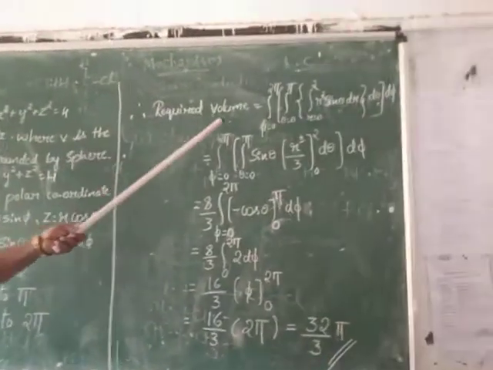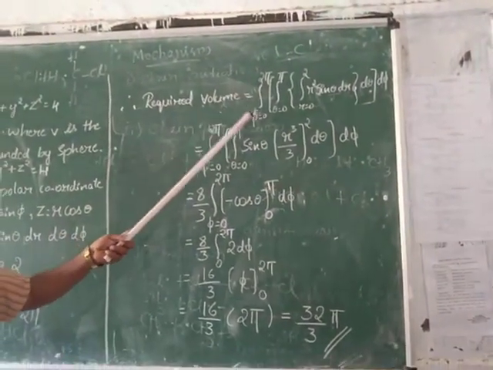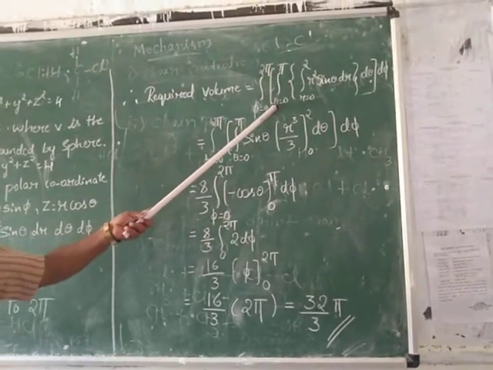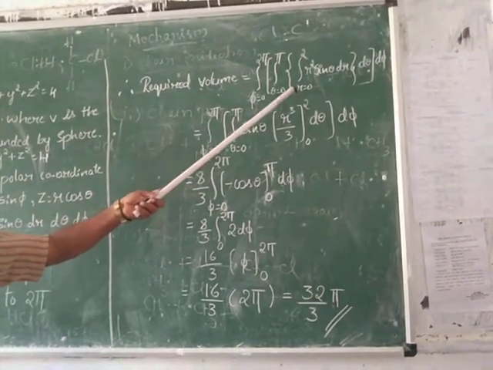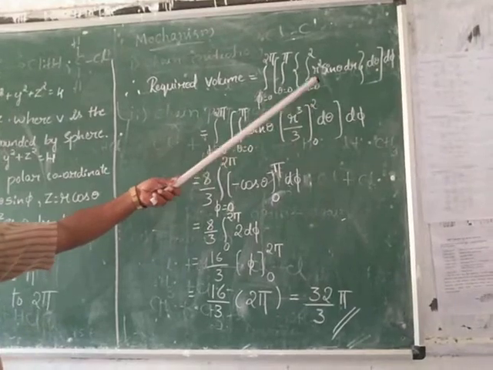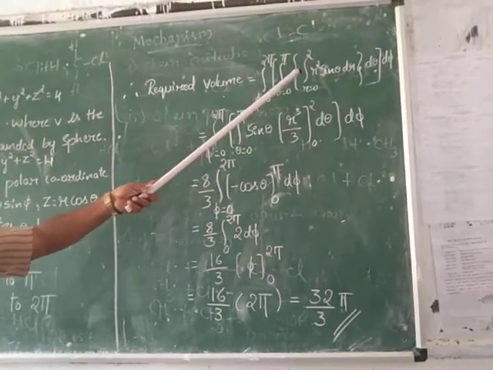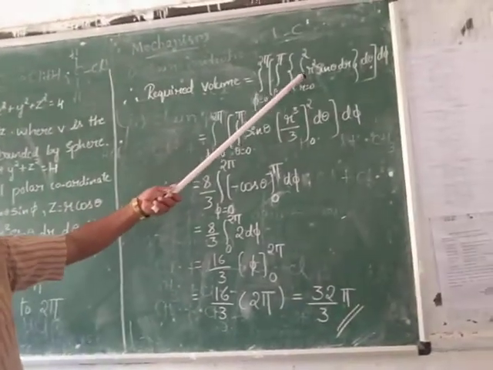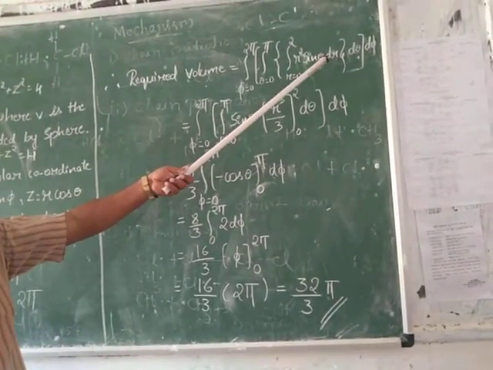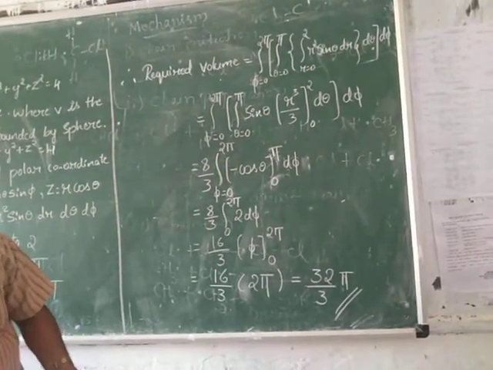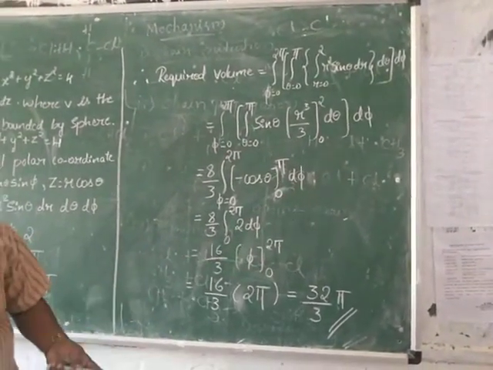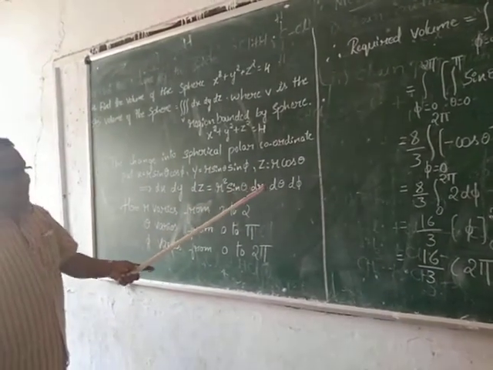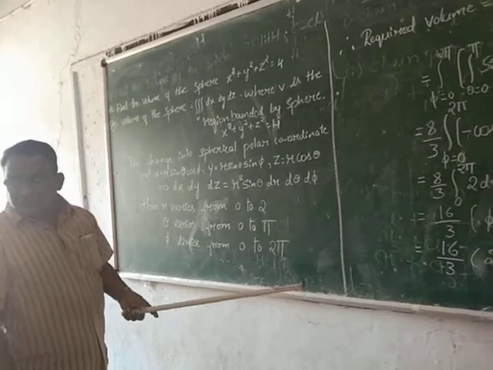Therefore required volume is equal to integral from phi equal to 0 to 2 pi of integral from theta equal to 0 to pi of integral from r equal to 0 to 2 of 1 into r squared into sin theta into dr into d theta into d phi, because your dx into dy into dz is r squared into sin theta into dr into d theta into d phi.